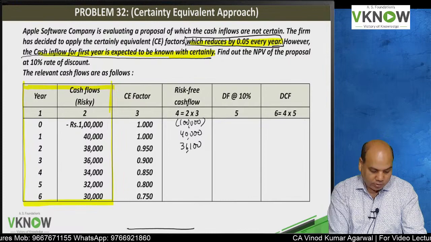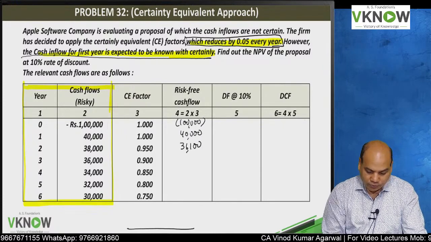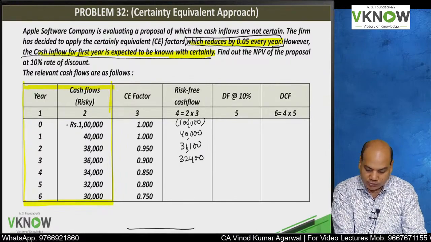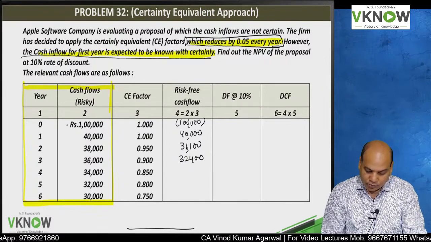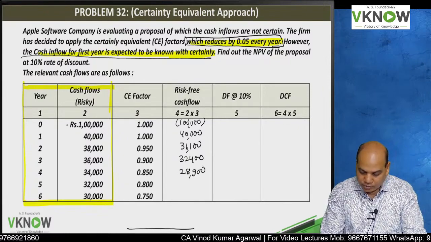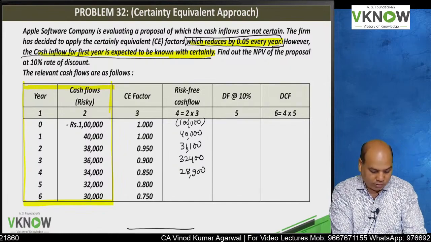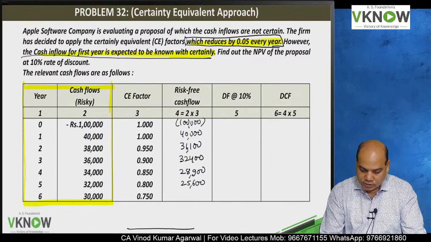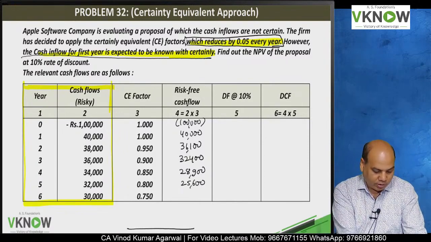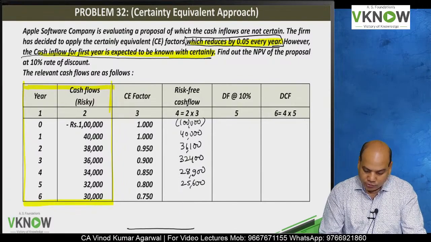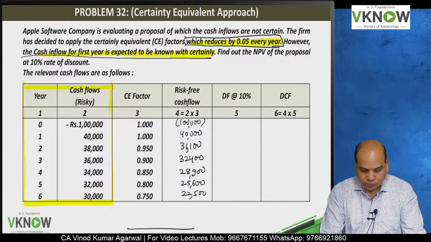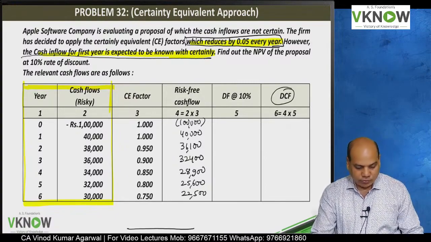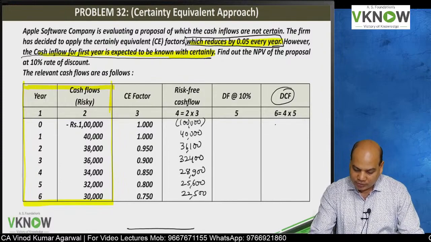Then 36,000 into 0.9 is 32,400. 34,000 into 0.85 is 28,900. 32,000 into 0.8 is 25,600, and 30,000 into 0.75 is 22,500. Okay, now I'll directly go to this column and we can get the present value directly.